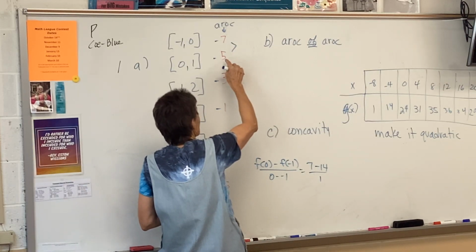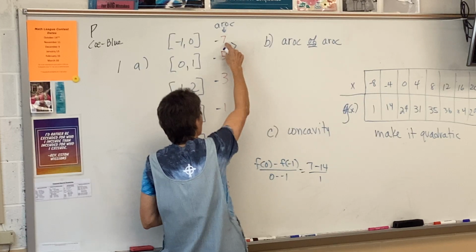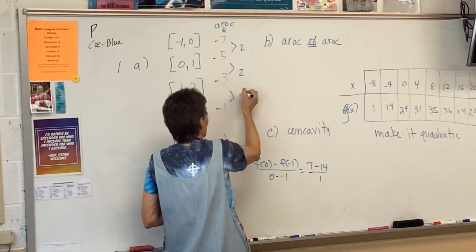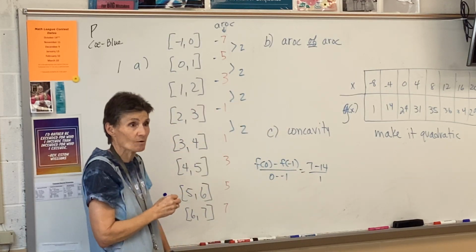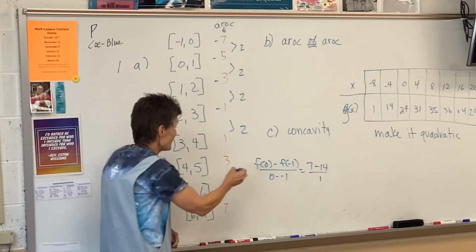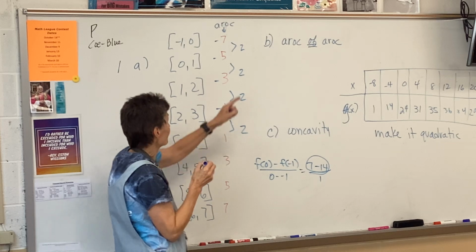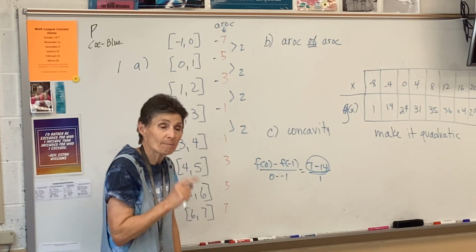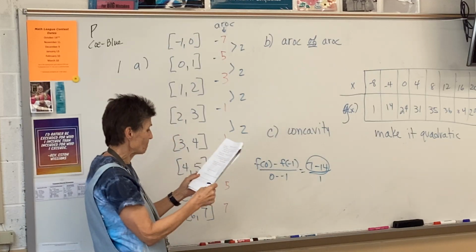If I did a difference here, this would be the second difference. I would get 2, and 2, and 2, and 2. When I do the second differences, they are constant. That means it's quadratic, which makes sense because it's parallel.